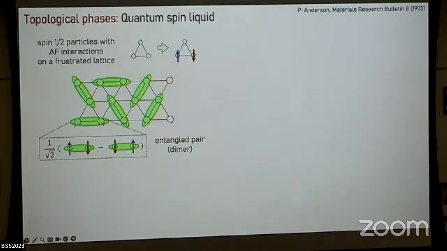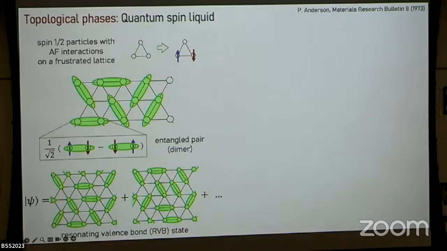And you can immediately see that you can have multiple ways of pairing the spins up with each other. So you have an exponentially large number of configurations that do this. And so in his proposal, the many-body ground state of this system would be the so-called resonating valence bond state, which is the macroscopic coherent superposition of all the possible dimer coverings of your lattice, okay?